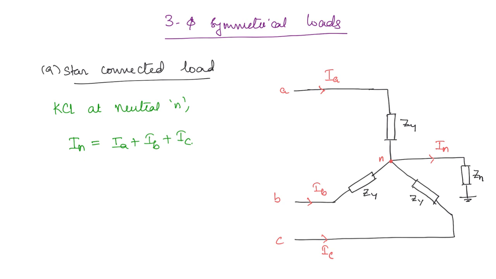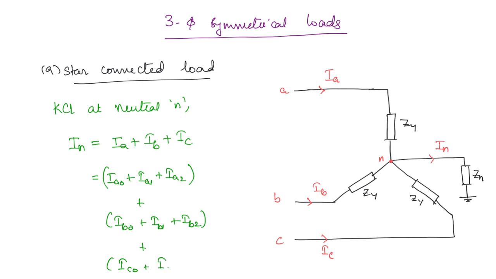Now this IA, IB and IC we are going to express in terms of their respective symmetrical components. So IA is going to be IA0 plus IA1 plus IA2, and IB you can write as IB0 plus IB1 plus IB2. Similarly, IC is going to be IC0 plus IC1 plus IC2.